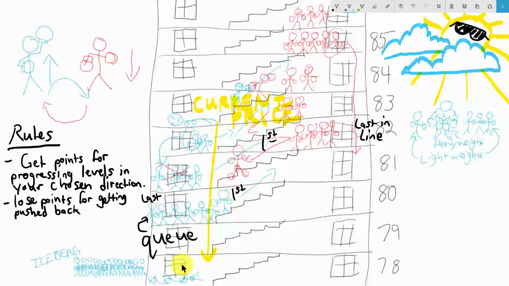But every time this group of, say, bidders in this case gets depleted, then you have a group that jumps through and they're ready to go.